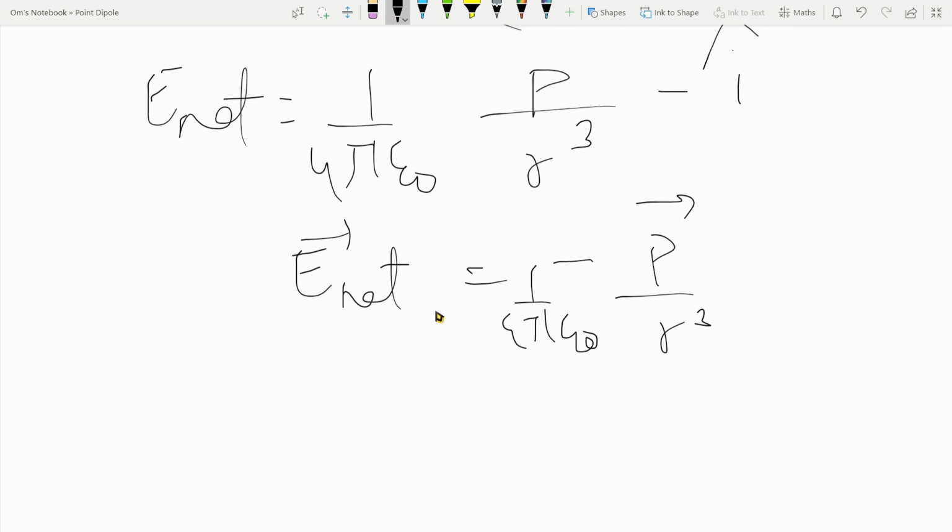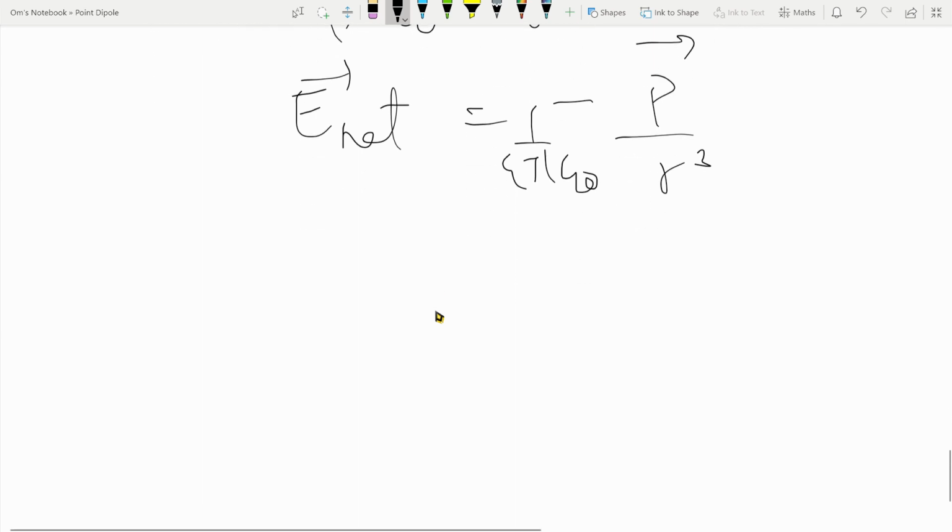Now in this video we only derived the expressions at certain positions, that is at angles theta equal to 0 or pi, which corresponds to the axial position, and at theta equal to pi by 2, which corresponds to the equatorial position. But what if the point P, suppose I just draw a dipole over here quickly, what if the point P was at some angle theta?